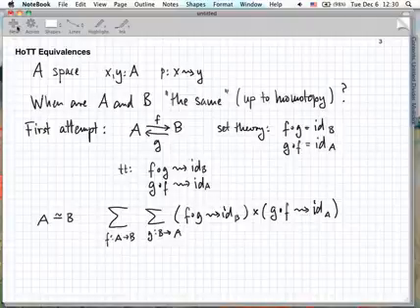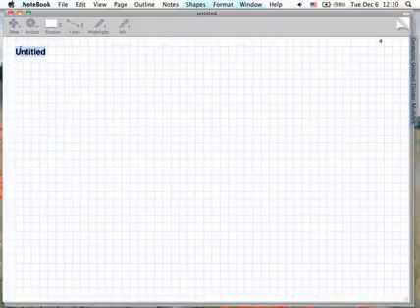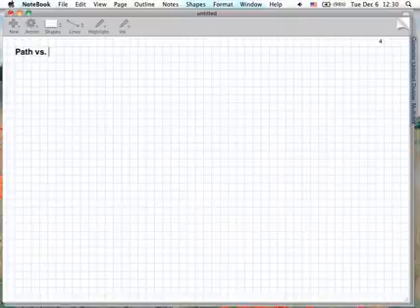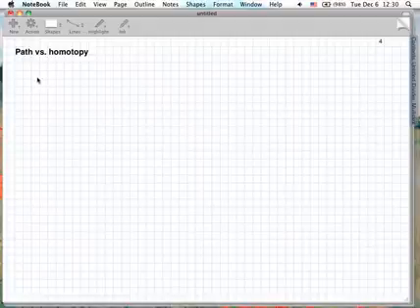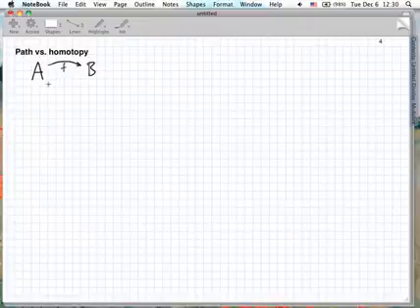So the second attempt would be to weaken the condition that there has to be an actual path. The thing you want to think about here is, what is the difference between having a path and having a homotopy? So suppose we have two spaces, A and B, and I have two maps between them, f and g.